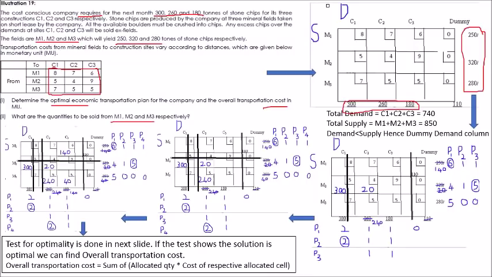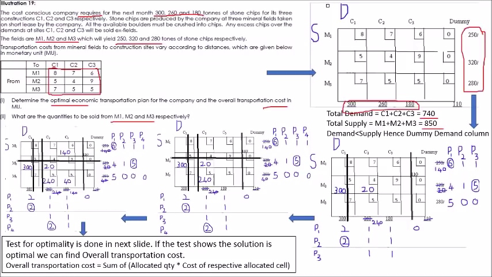So guys, we are checking the total of demand which is given in the question is coming to 740. Total of supply is coming to 850. So here the total demand is not equal to total supply, which means this is an unbalanced transportation problem. But you can see that supply is higher than demand.